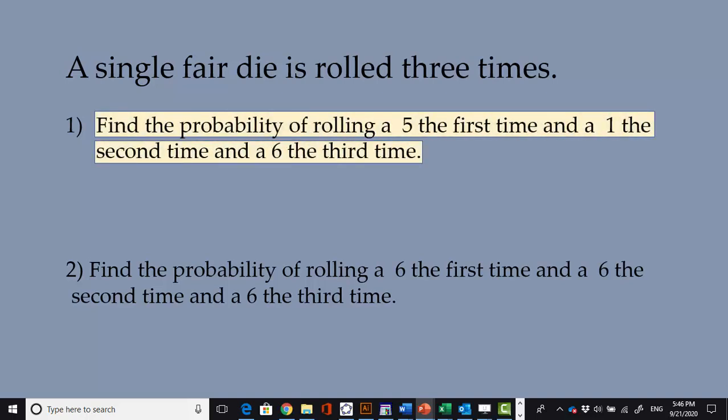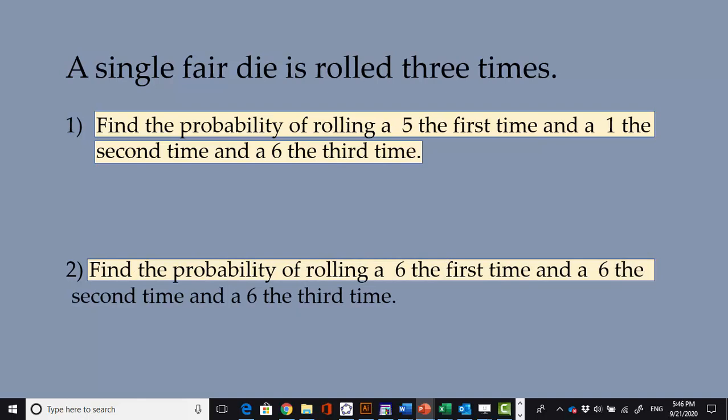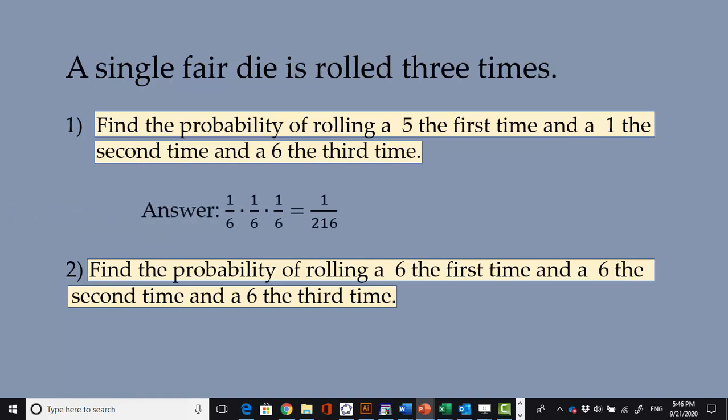We also would like to find the probability of rolling a 6 3 times in a row. The answer to the first problem is 1 out of 216, which comes from the multiplication rule for independent events. The answer to the second probability is still 1 out of 216, according to the same rule.